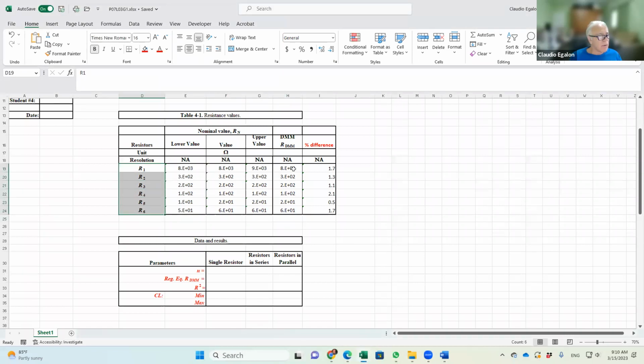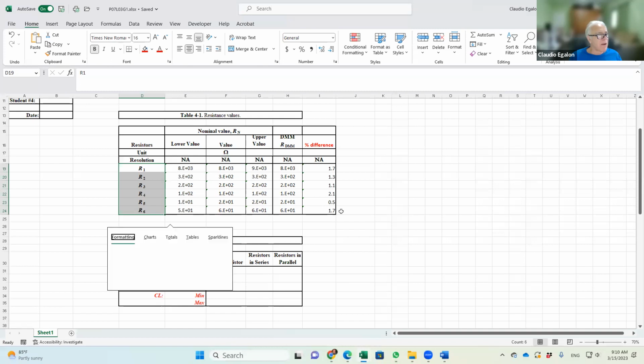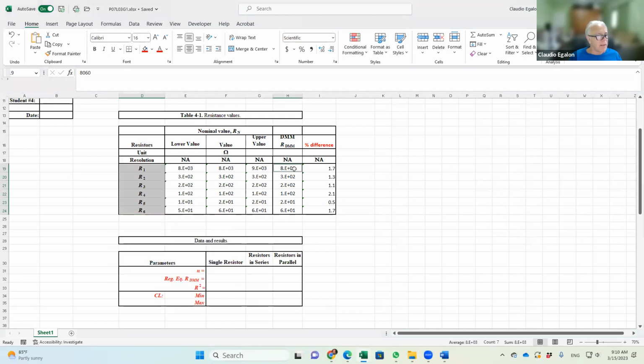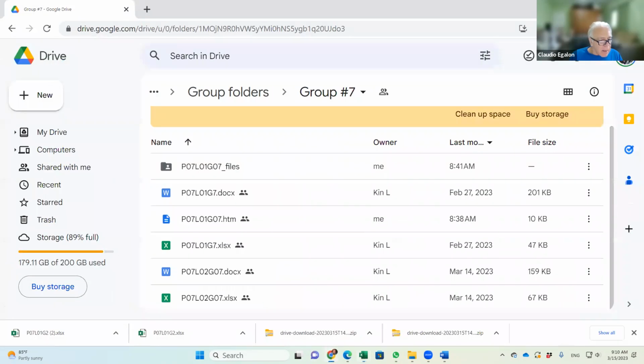There are 2 ways of measuring the resistance of the resistor. Either with the DMM, which is the most practical way, or by using the color code imprinted on the resistors. That's what they call the nominal value.